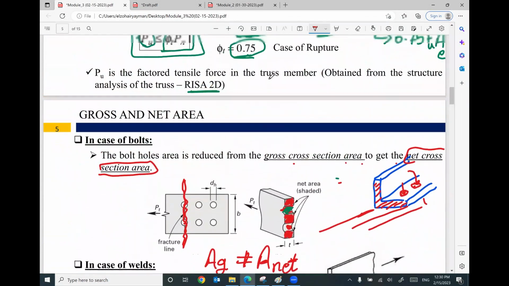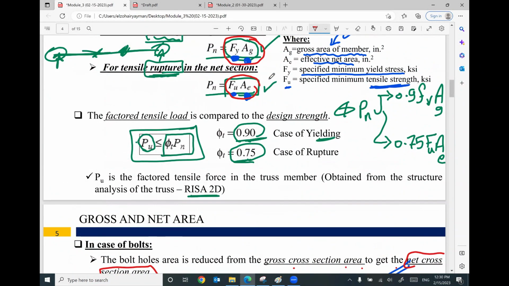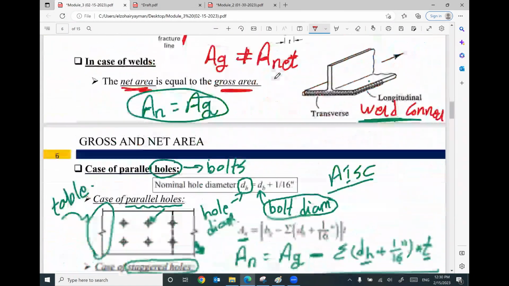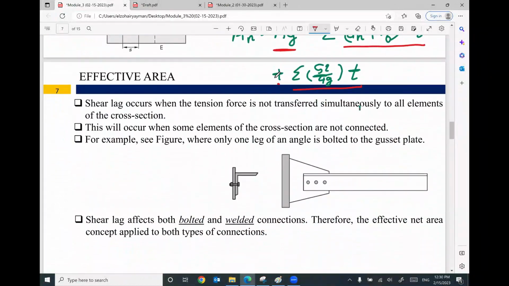One of you will ask himself or herself a question. We don't have area net here. We have area effective. We have a relationship between area effective and area net. Your area effective equals a factor times area net.